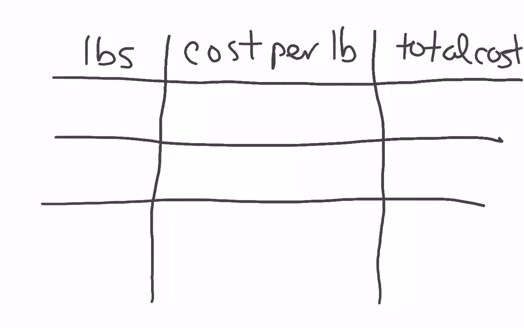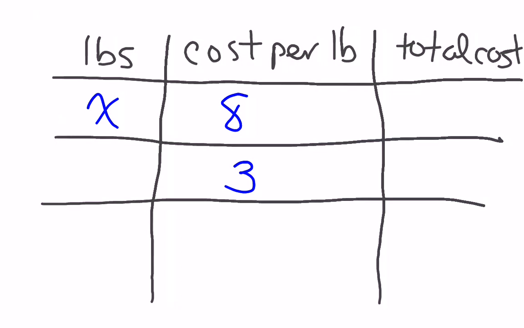So let's think about what we were given. We have some chocolates that cost $8 per pound. We don't know how many pounds, so we give it a name like x. Then we have some other chocolates that cost $3 per pound. Again, we don't know how many pounds. However, we have a clue. We don't want two different variables, because then we can't solve it.